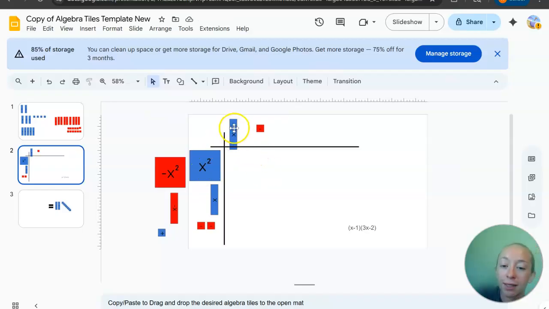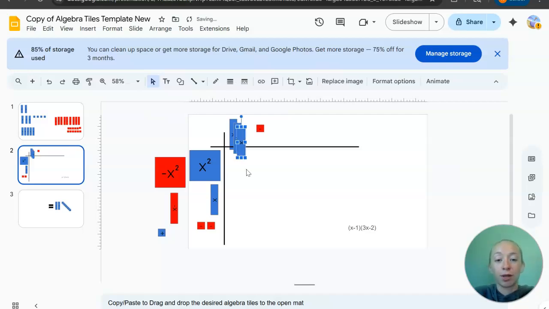So x times 3x. Well, anything times 1 is itself, right? So x times 3x is 3x squared. We have 3x squared. Now we just times the first one with the first one, right?